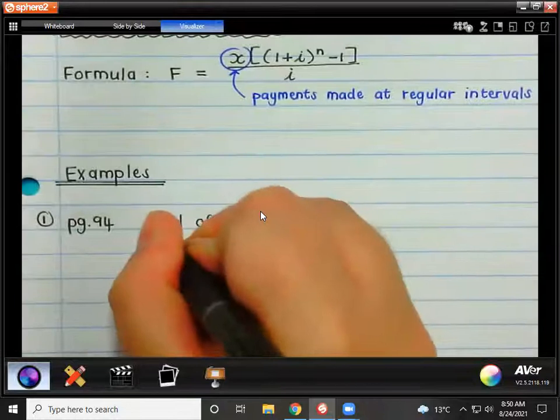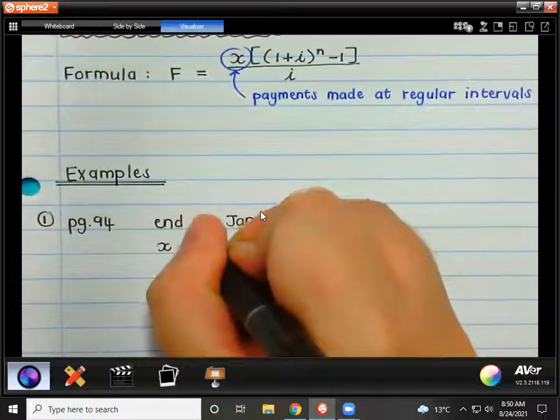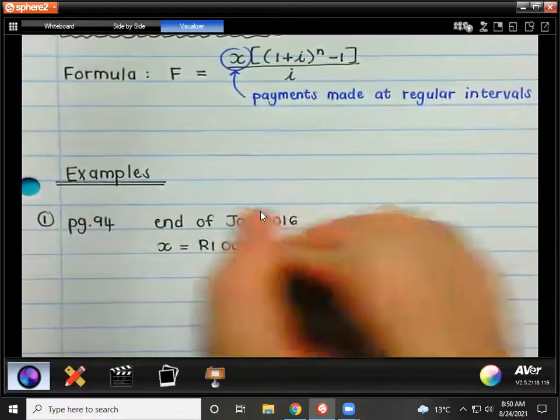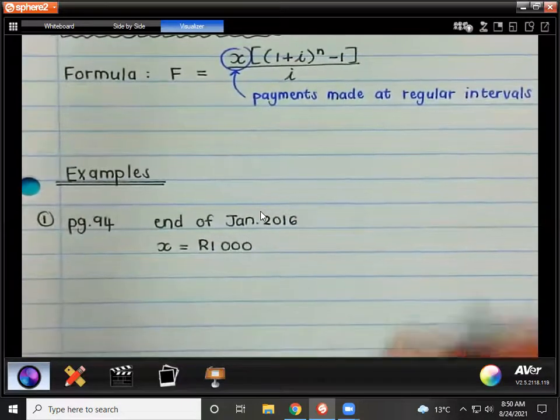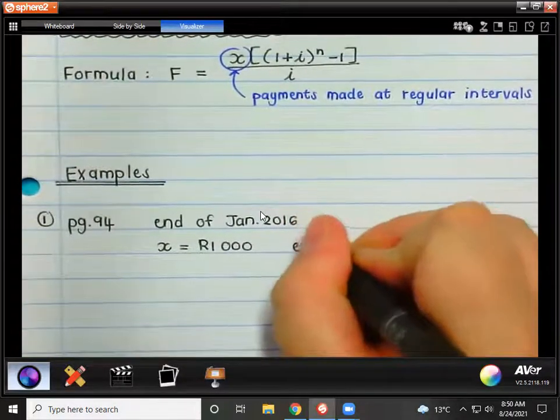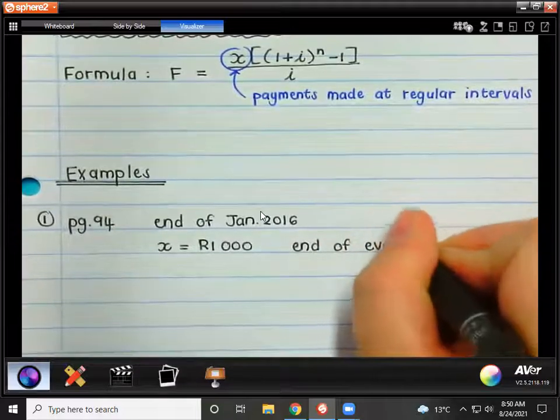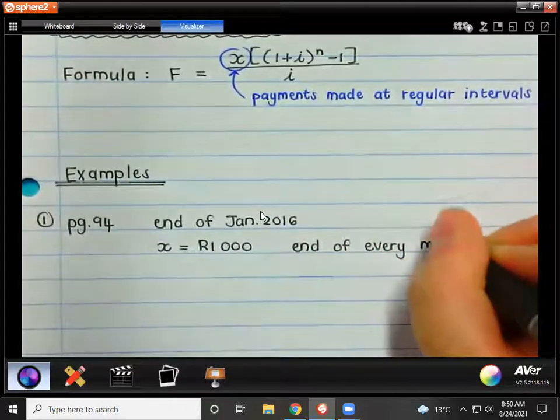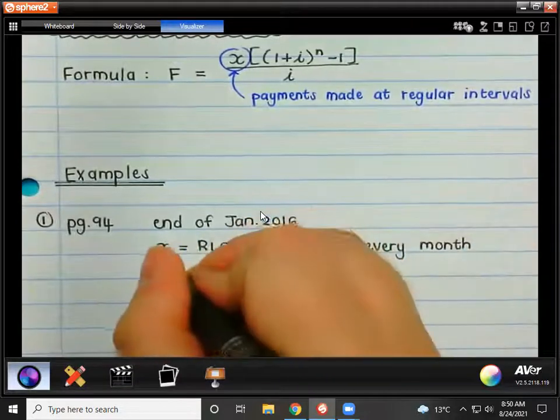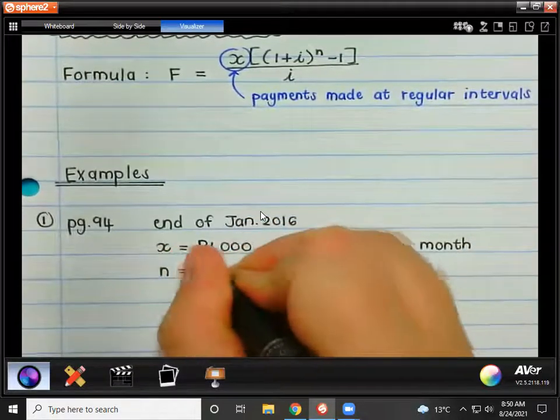Okay, so X is equal to 1,000 Rand. And he's paying this at the end of every month. And it is for 25 years.